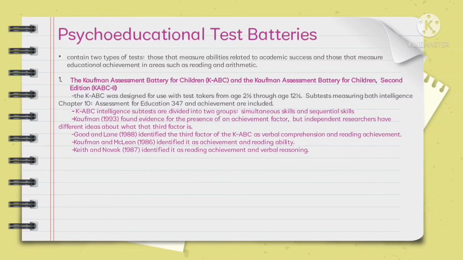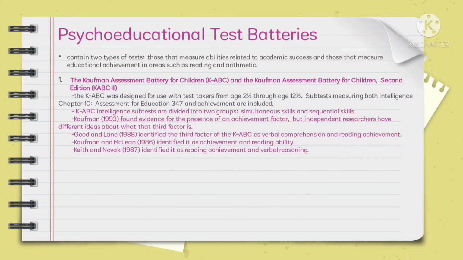So let's begin with a brief look at one psychoeducational battery, the Kaufman Assessment Battery for Children, or the KABC, and the Kaufman Assessment Battery for Children, second edition, the KABC-2.